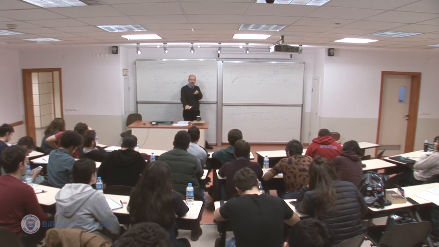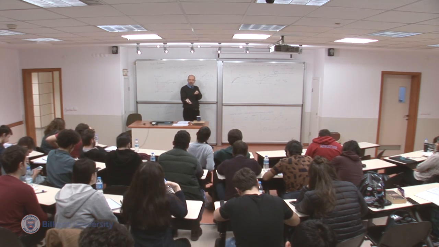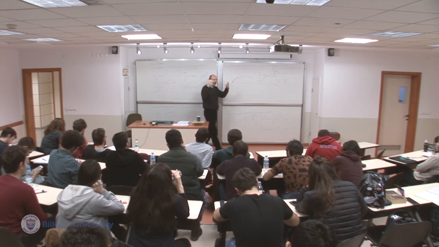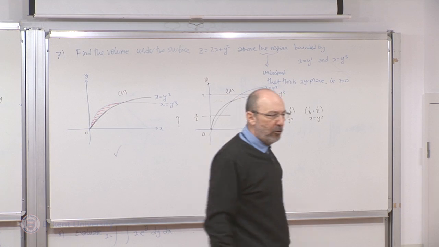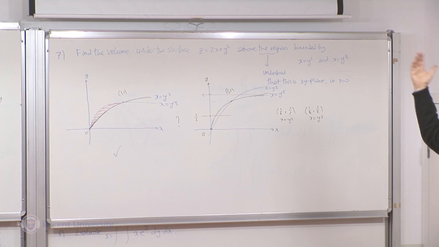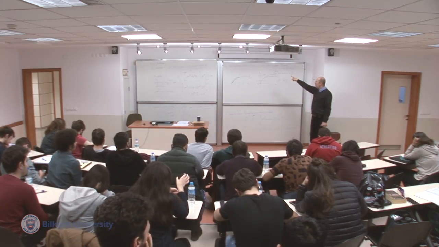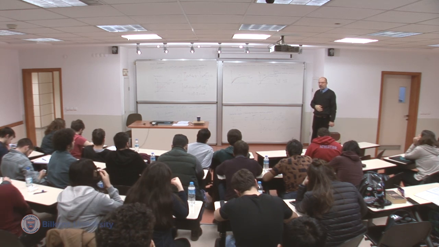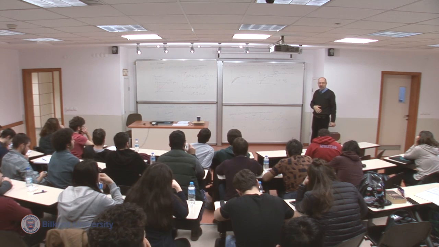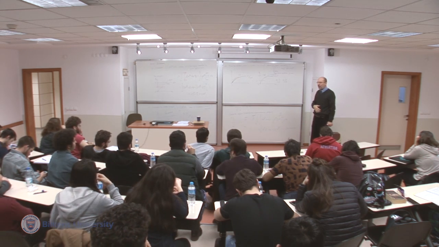Find the region where it is below, calculate that separately; it will be negative, so take its absolute value and add. But here we check that the surface is always above the xy plane. So we just integrate that function over this red region, and the number will be the volume.